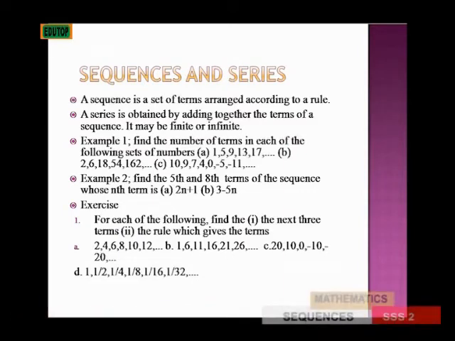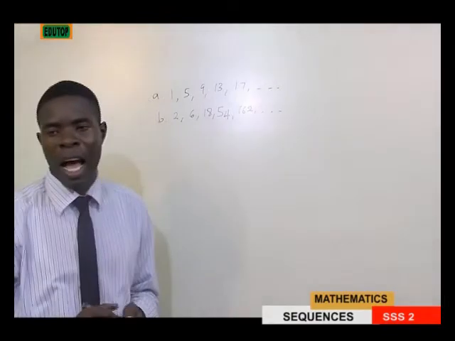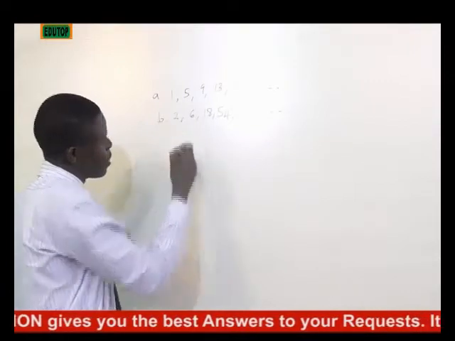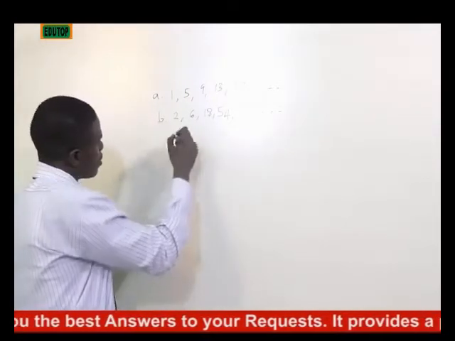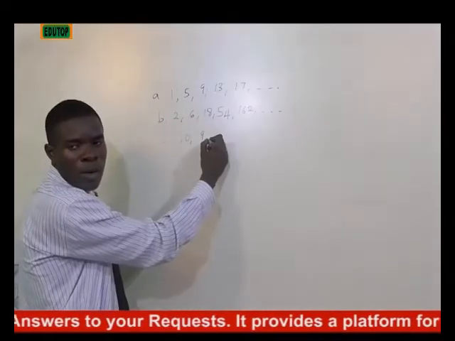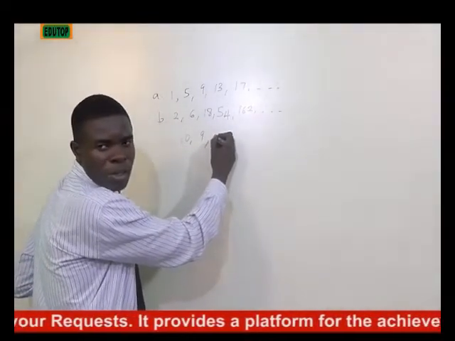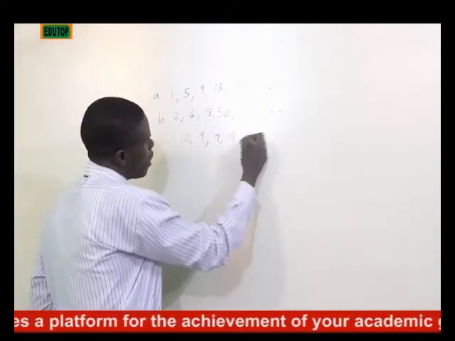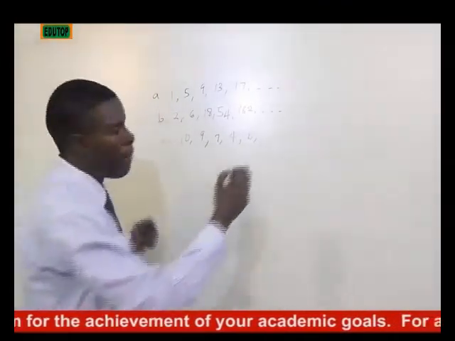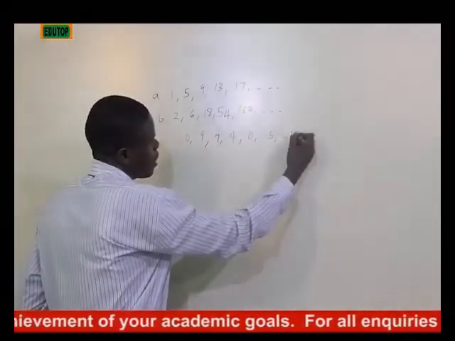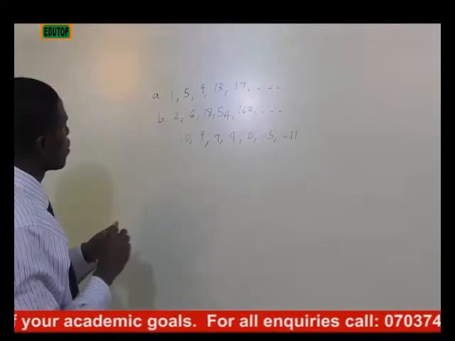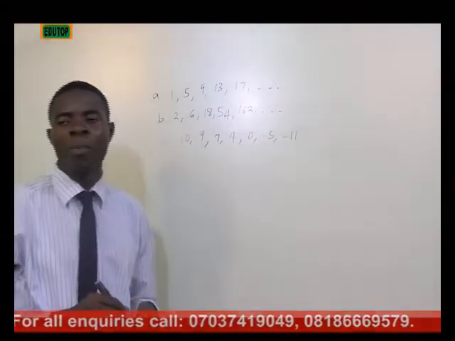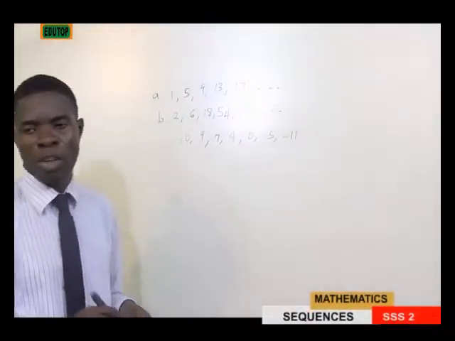So these are the questions that are taken as example. Then the C part is 10, 9, 7, 4, 0, minus 5, minus 11. So these are the questions. The question asks us to find the number of terms in each of the following sets of numbers.